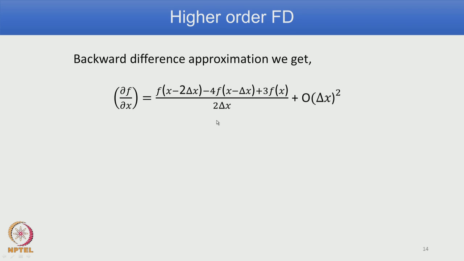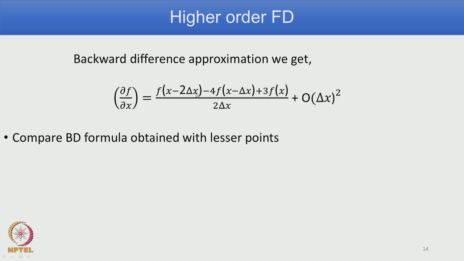As we observed in the case of the forward difference scheme, f of x minus delta x is the immediate neighbor point in the backward direction, and x minus 2 delta x is one more additional point in the backward direction. Now, if you compare this formula with the lesser accuracy, first order accurate one, only 2 points are considered, and with the additional point considered, that results in the next order, that is second order accuracy.